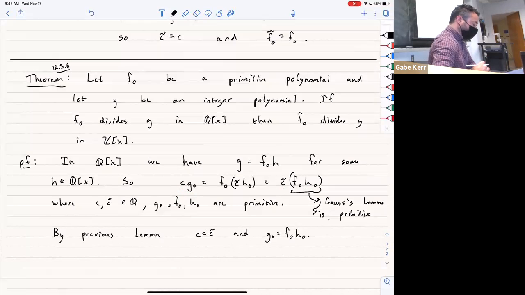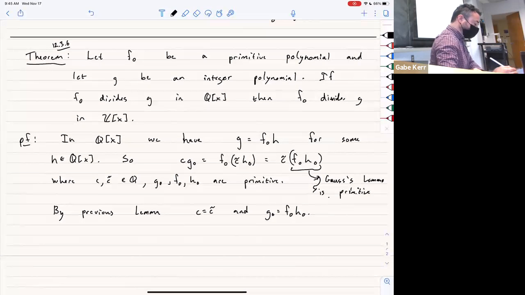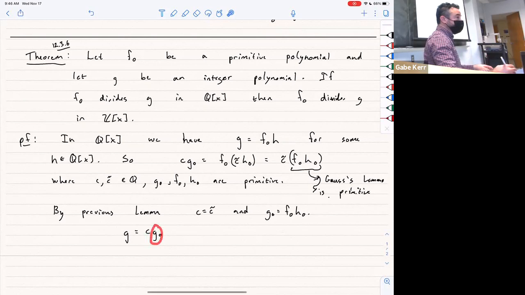Okay. But G, of course, is equal to C times G naught. Now, because G is an integer polynomial, this has to be an integer. If it were rational, then we would have a rational.